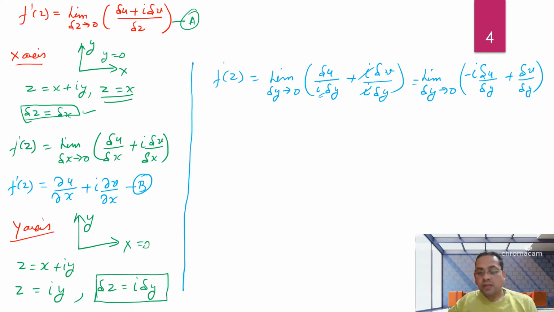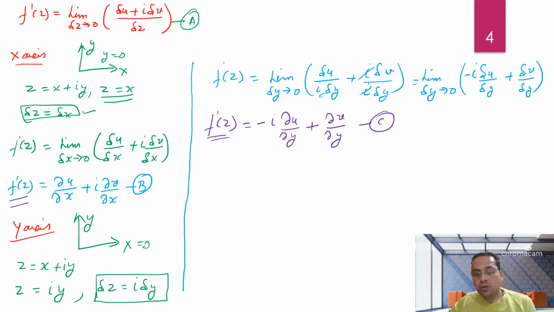Solving this limit, we have f dash z is equal to minus iota del u over del y plus del v over del y. This is equation C.